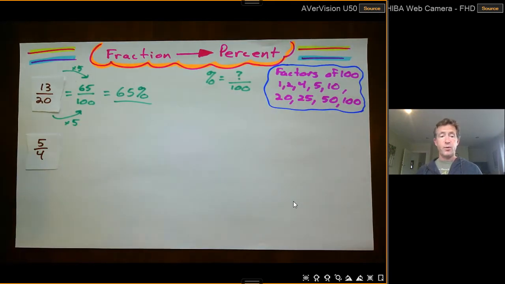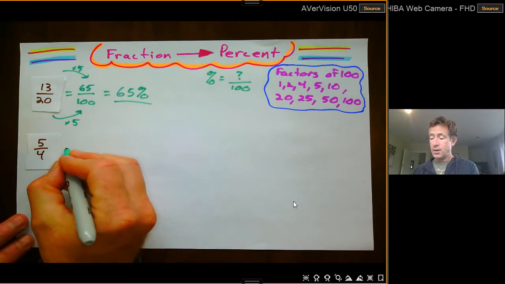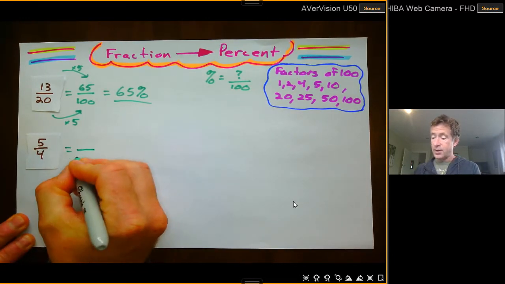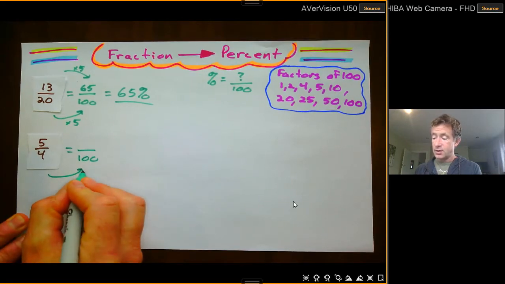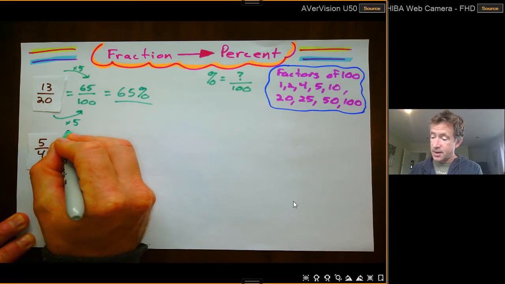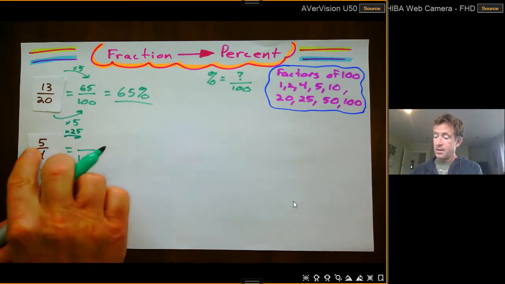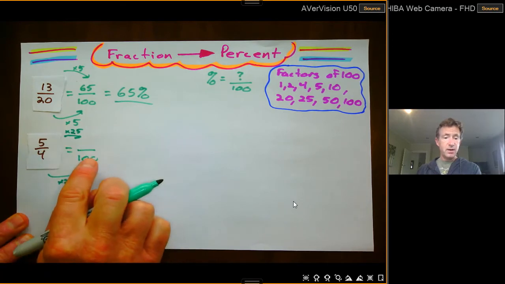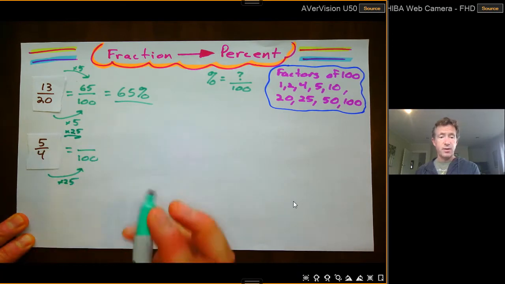5 quarters, 5 fourths, doesn't matter if it's improper. Well, 4 is a factor of 100, so 5 over 4 is what out of 100? 4 goes into 100 25 times, so 5 is going to be multiplied by 25. 5 times 25 is 125, and yes, it's bigger than 100, and that's fine.